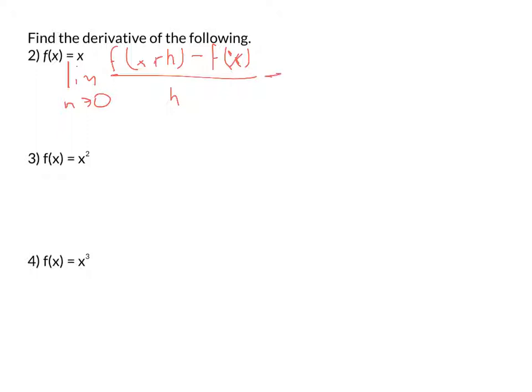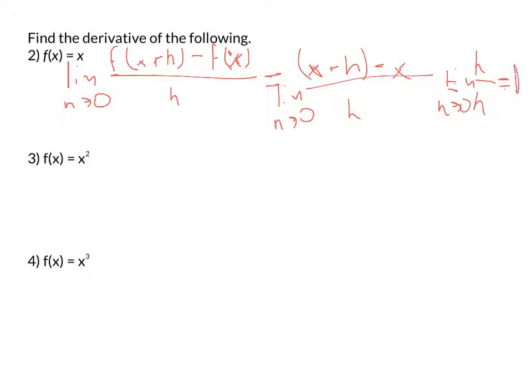And if we do this, well, f of x plus h, we replace our x with x plus h, so it just ends up being x plus h minus x all over h. In the numerator, x plus h minus x gives us h. We have h over h. h divided by h is 1, so our result is 1.